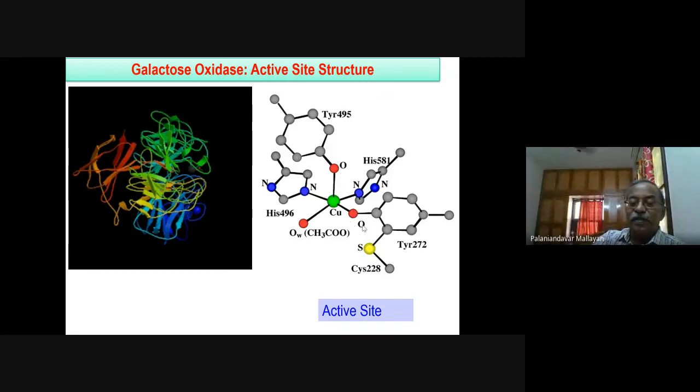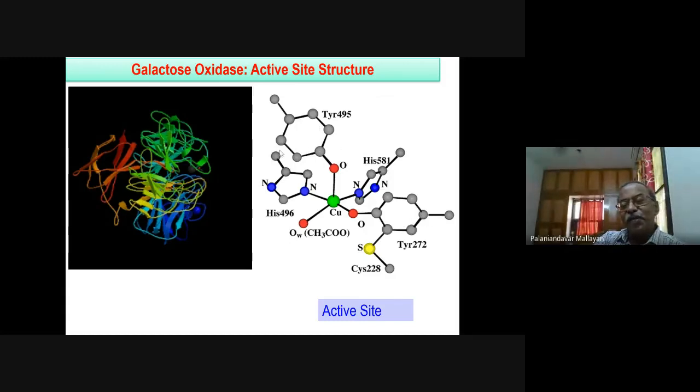Look at this one. Another phenolate is involved in the equatorial plane. So this galactose oxidase enzyme contains another tyrosinate, but it is involved in the equatorial position, strong bond. Look at that. This particular moiety, the tyrosine phenolate moiety, is different from this.